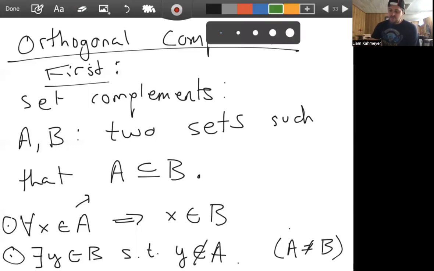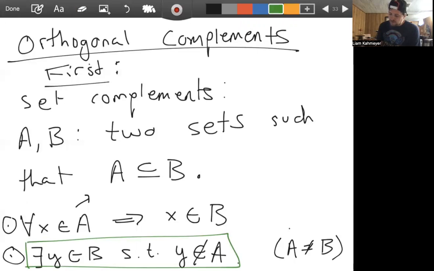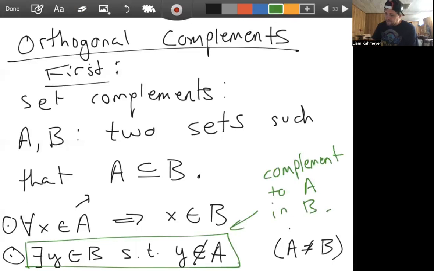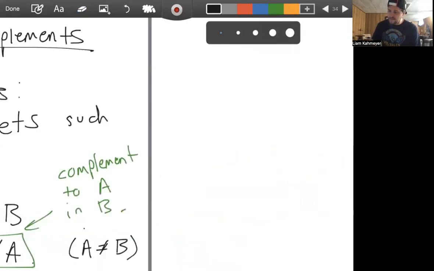What the complement of a set is, it's looking at this collection of points. This is the complement to A in B. So the complement of the set A is going to be all points in B that are not in A, right? Let's draw a picture.